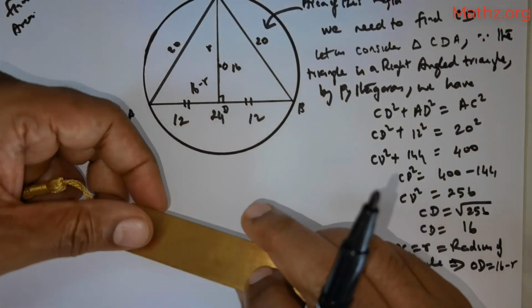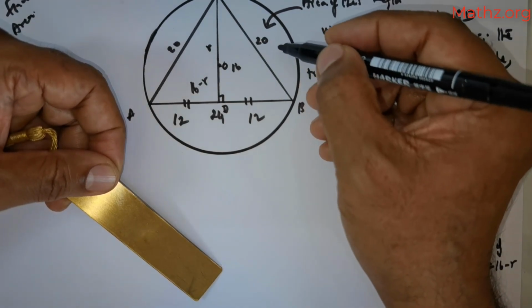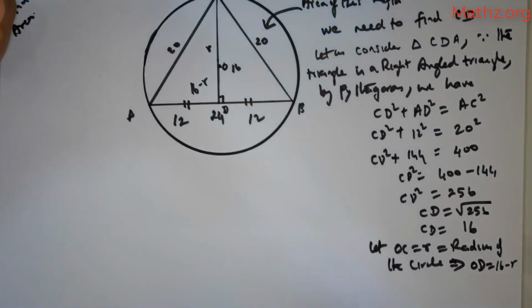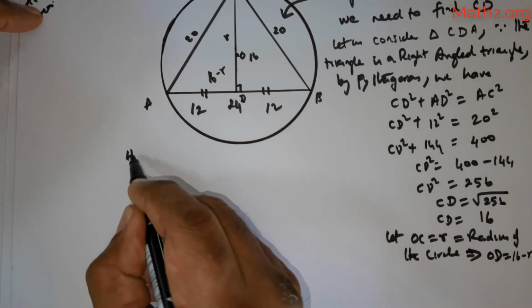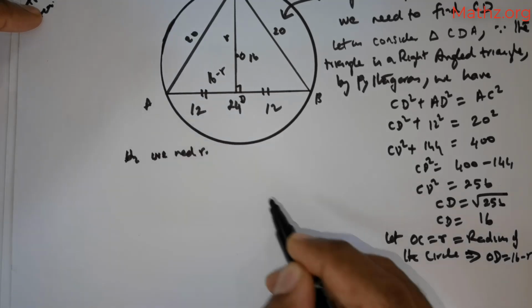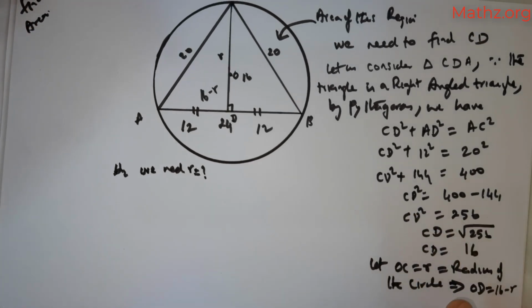So now I need to get this region, and to get this region, we will have to find the radius. So this is the next step. Step number 2. We need R. So how are we going to get R?